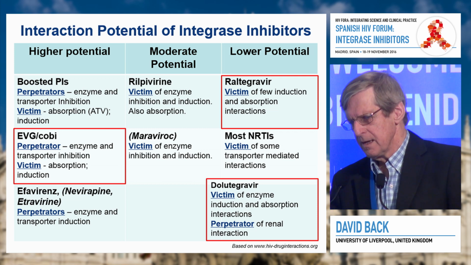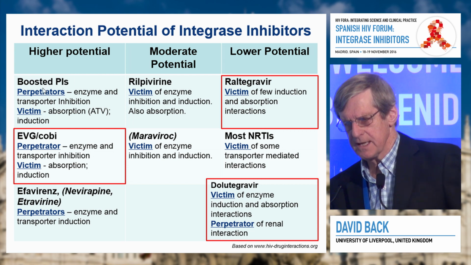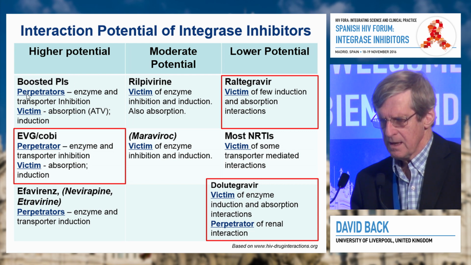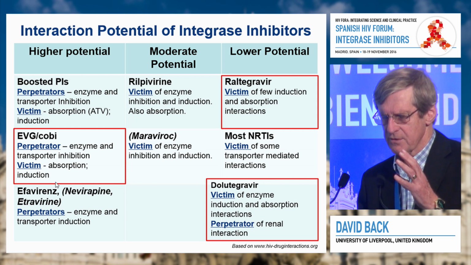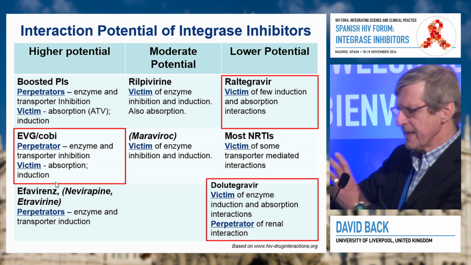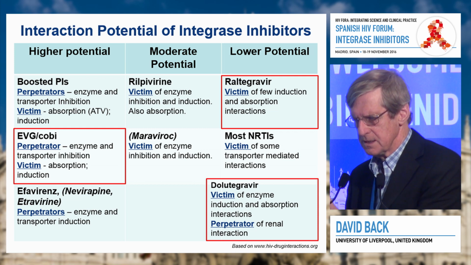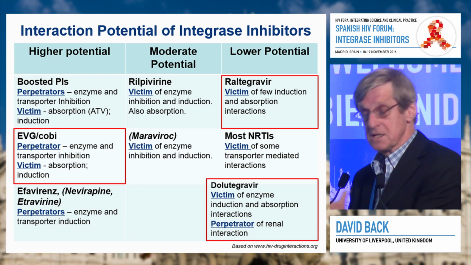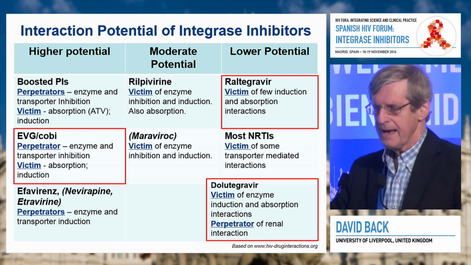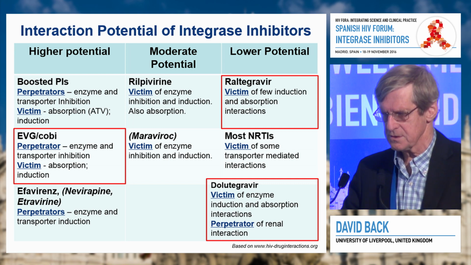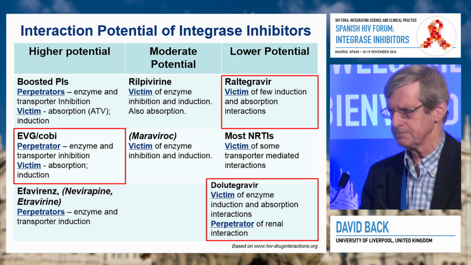One other thing that, in a sense, can differentiate the integrase inhibitors is their drug interaction potential. If you've got a boosting drug, and we've known this for years with the boosted PIs, they can perpetrate, they can cause drug interactions through interaction with enzymes and transport proteins. Cobicistat is a booster, similar but different to ritonavir, and can cause drug interactions as a perpetrator.